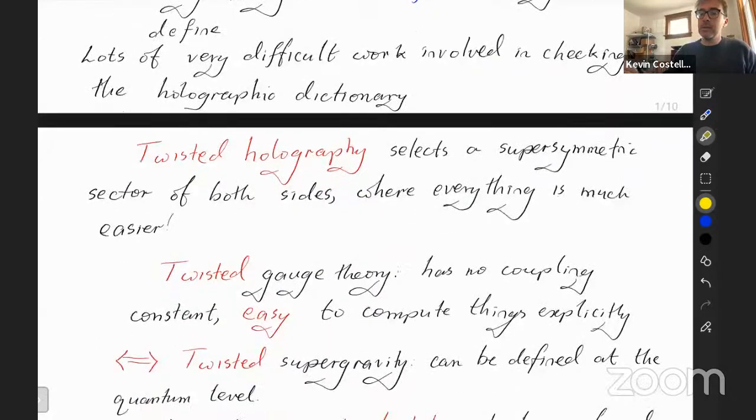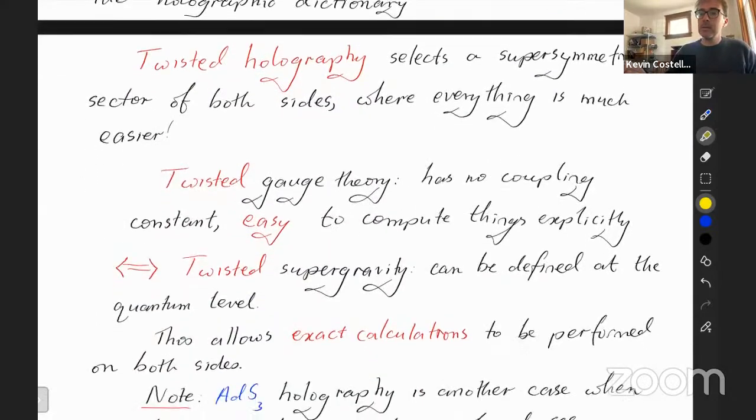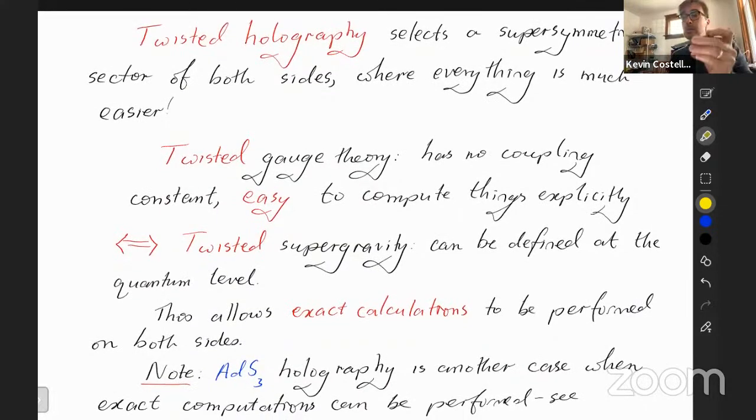Precisely, on both sides, we're going to select certain states which are preserved by supersymmetry.